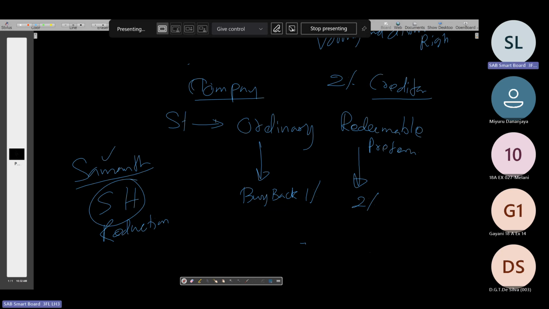Right? Summary is like this, there's a company. The stated capital of the company consists of ordinary shares and redeemable preferred shares. The company has taken a decision to reduce the redeemable shares by 2% and buy back the ordinary shares by 1%.